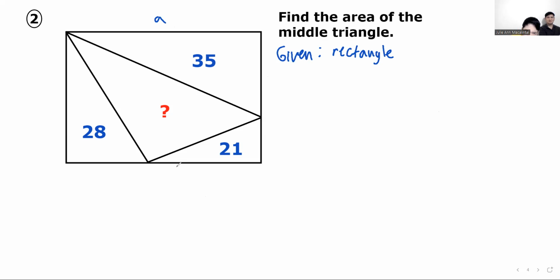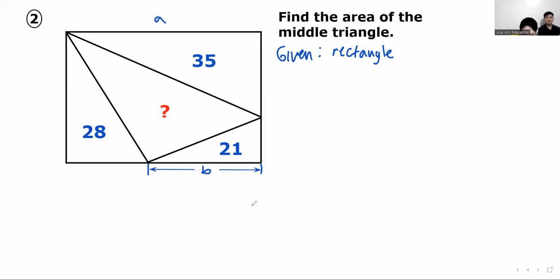So this is A. Since this is a rectangle, the other side is also A. So I will set this as B. And that is A, and this is B. Ah, nice.